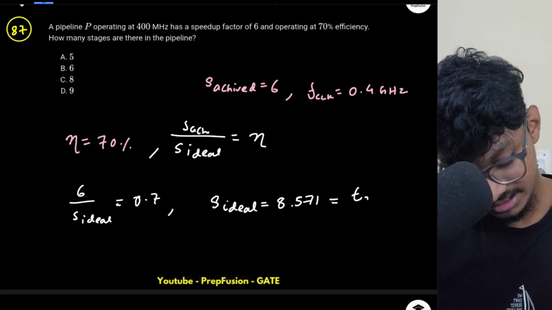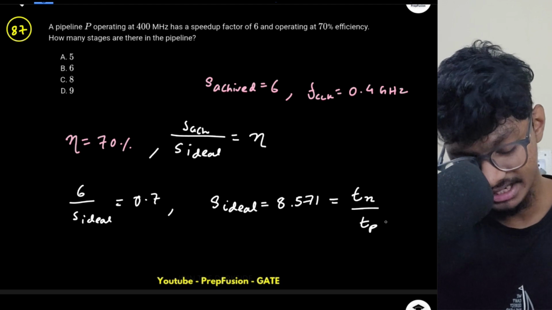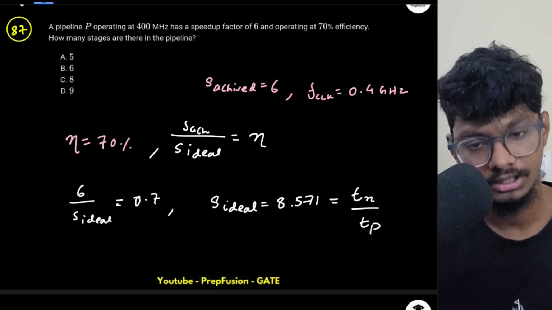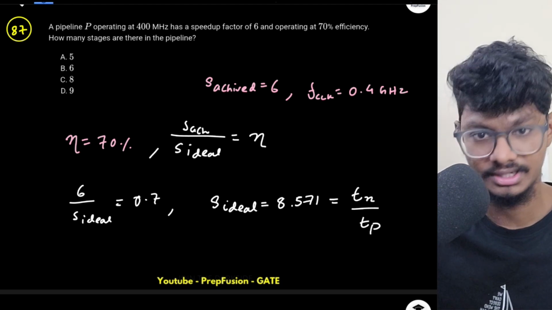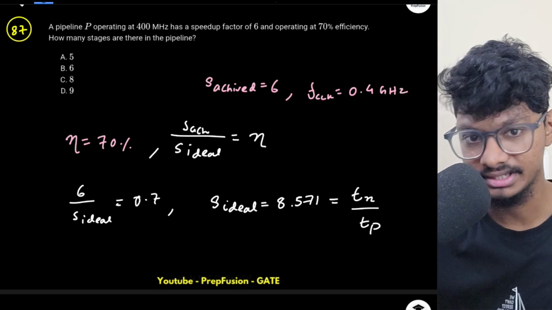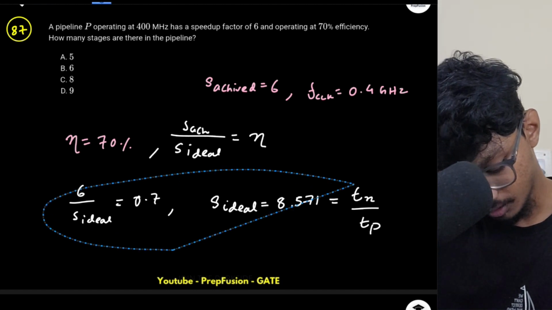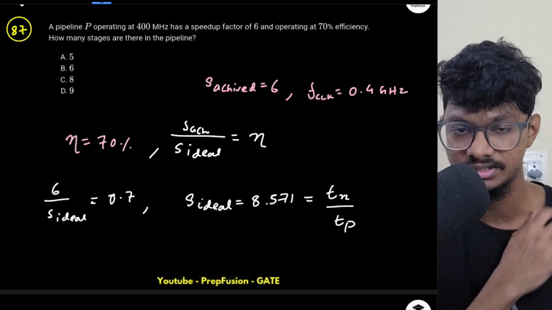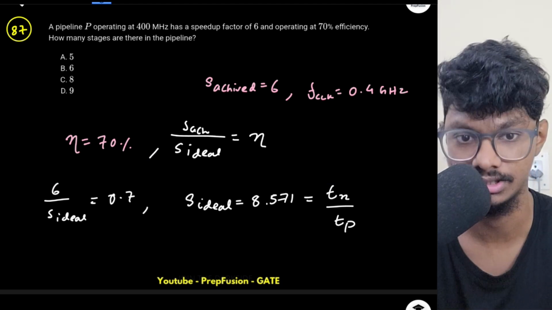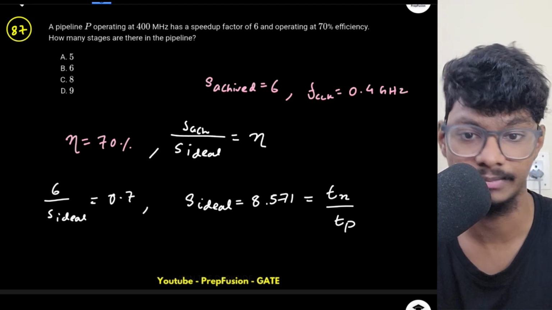Now this S ideal is equal to Tn upon Tp if n is very high, right? Now they have not mentioned anything, and what do I want to know? I want to know the number of stages. They have not mentioned the number of stages, and they have not mentioned whether the stages are balanced or not.